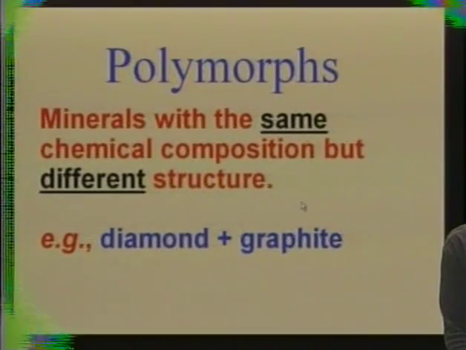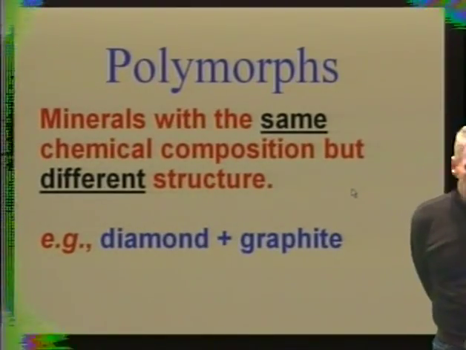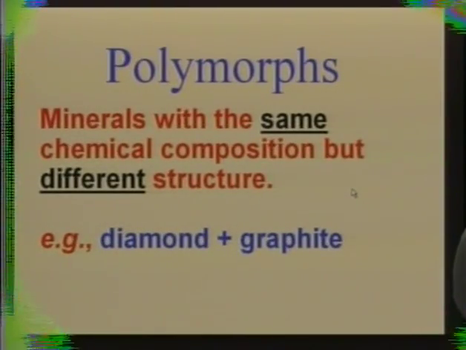All right, let's jump to another interesting feature of minerals called polymorphs. Poly meaning many, morphs meaning form. So polymorphs are minerals that have the same chemical composition, but they have a different form, a different structure. And I'll have you memorize just one example of this type of characteristic in the class.